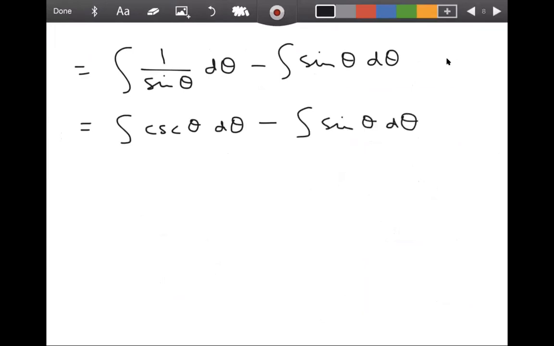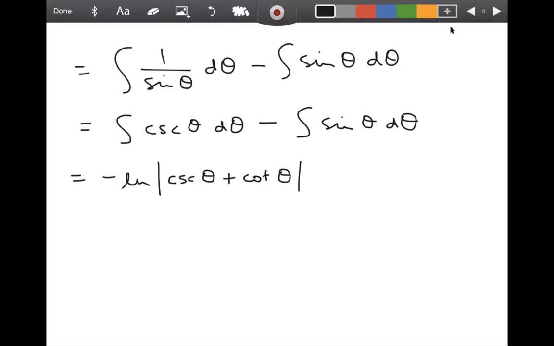I'm just going to get it off our section 8.1 formula sheet. All right, so that is formula number 15. The integral of cosecant theta d theta would be negative natural log absolute value cosecant theta plus cotangent theta.